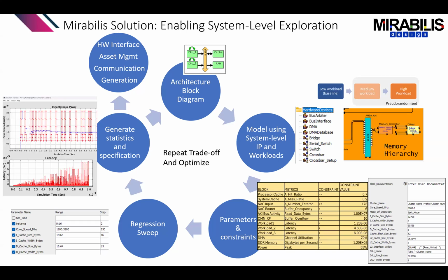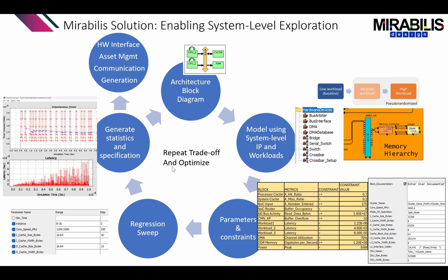And the way you evaluate them against the requirements is by generating the statistics. It can be latency, buffer occupancy, throughput, maximum power consumption, the hit miss ratio on a cache, or a variety of statistics.